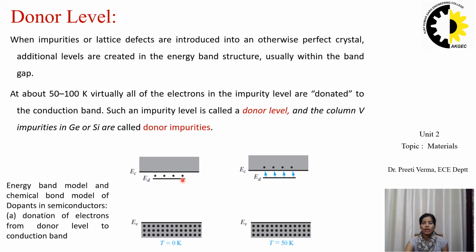Because right now an impurity from group 5 has been added, and that impurity is going to add some extra electrons to the material. Those extra electrons are free electrons, and they are responsible for conduction. They will be in this energy level ED, and with a small temperature they will reach the conduction band.